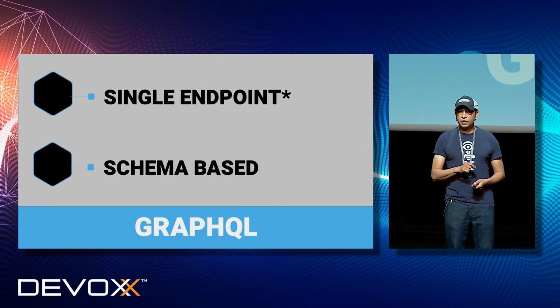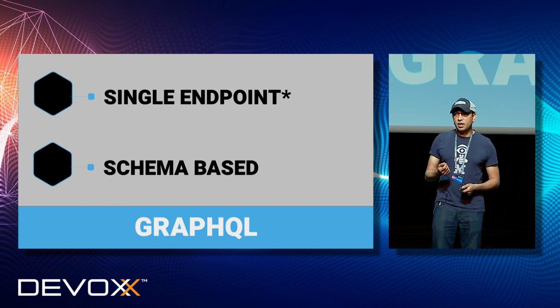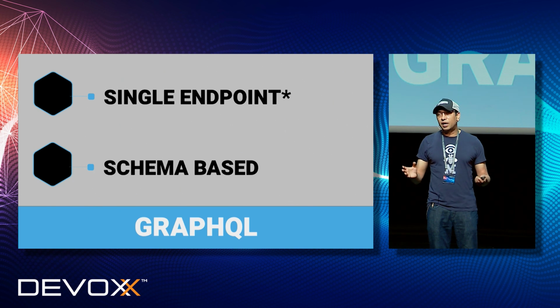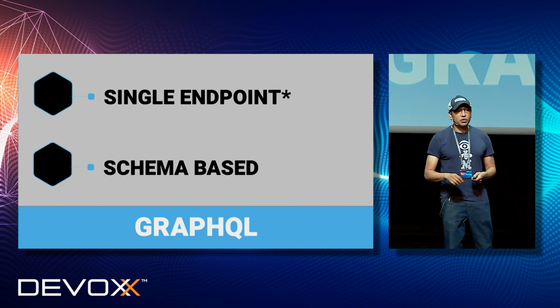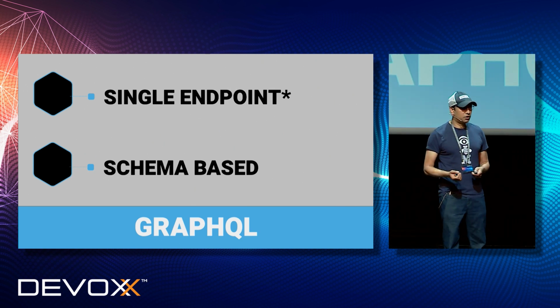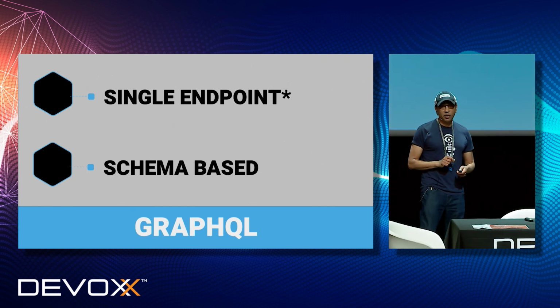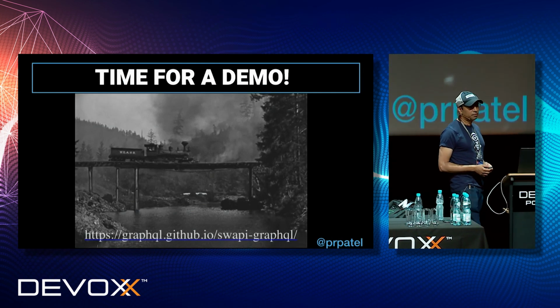We'll show a tool a bit later that allows you just to annotate, for example, your JPA domain objects in Java and say, expose this book class or this user class with these specific properties inside of it so that we don't have to write a schema if we don't want to. It will generate one for us. Okay? But nominally, GraphQL is a schema-based endpoint type architecture, and we'll see why that's important and why that's a good thing, actually. Okay?